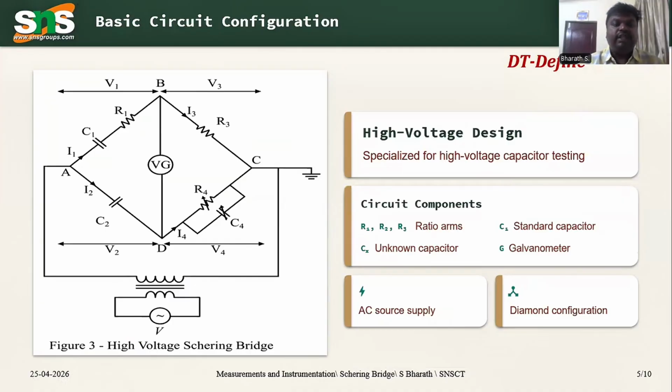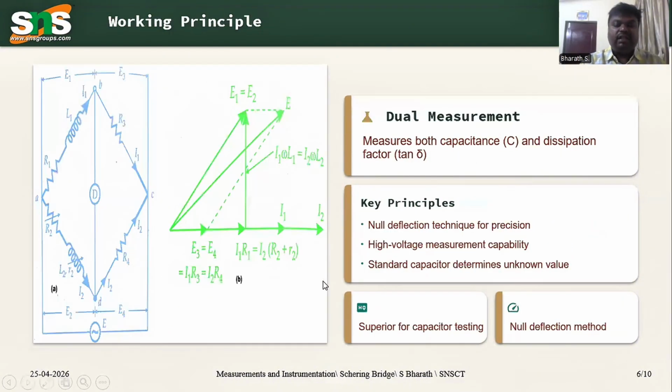You can see the various values of resistances and capacitances connected across the junctions A, B, C, and D. The circuit components consist of resistances R1, R2, R3 in the ratio arms, C as the standard capacitor, and C1, C2, C3, C4. The unknown value is taken as Cx and G is the galvanometer. This galvanometer should read 0 to make the bridge balanced. The AC supply source is given. This type of configuration is also called the diamond configuration.